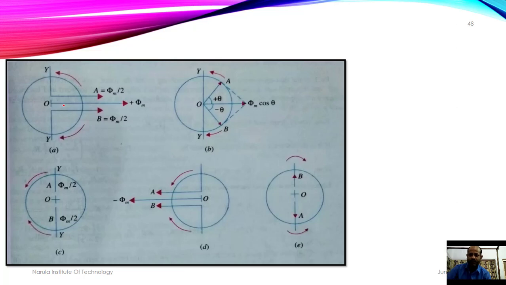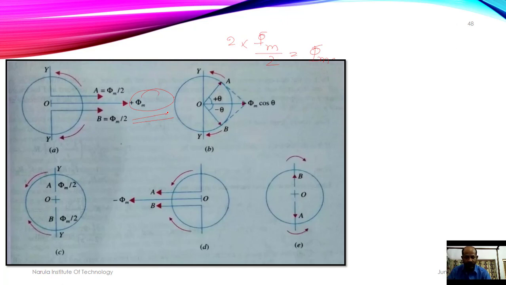Now the resultant is phi m by 2 plus phi m by 2, that means 2 into phi m by 2. So it is nothing but phi m, the maximum value of the flux. So it will start from the maximum value of the flux, right?